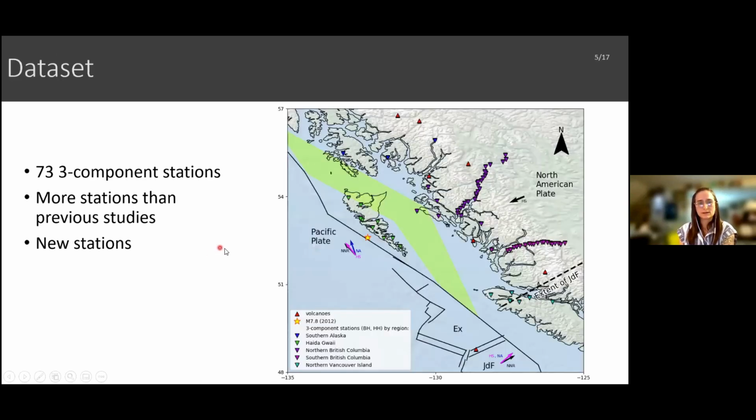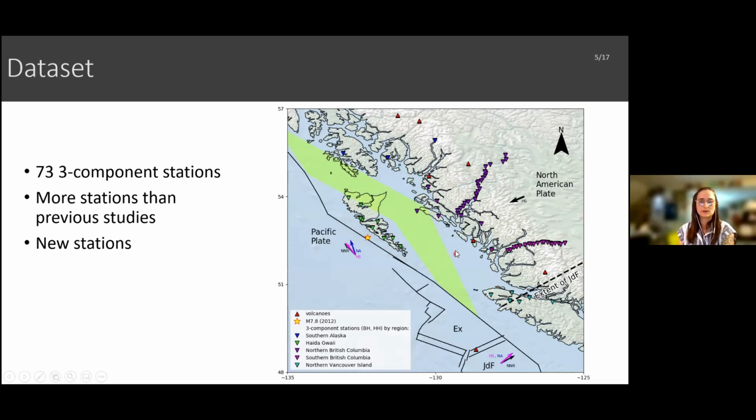Our data set is composed of 73 three-component stations. They're denoted here with these upside down triangles, and they're grouped by color into different regions. So we have Haida Gwaii, Southern Alaska, and then Northern and Southern mainland British Columbia, as well as Northern Vancouver Island.